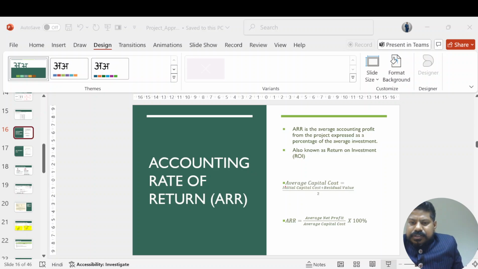For a project to be acceptable, it must achieve at least a minimum targeted ARR. In normal case, it should be the highest, but if in case there is a tie, at least the minimum targeted ARR should be achieved. Where competing projects exceed the minimum rate, the one with the highest ARR should be selected.